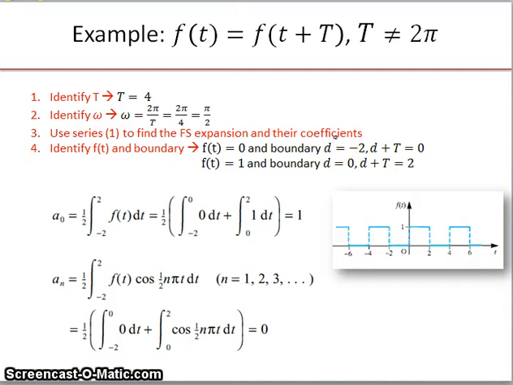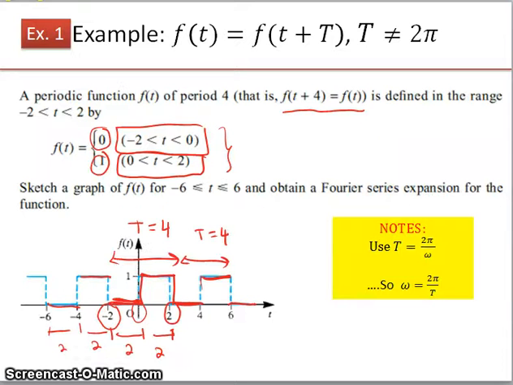Not only that, we need to identify what the f(t) is and the boundary for each f(t). In this question, since we are given a piecewise function, which consists of two separate functions, we need to identify the boundary for each.